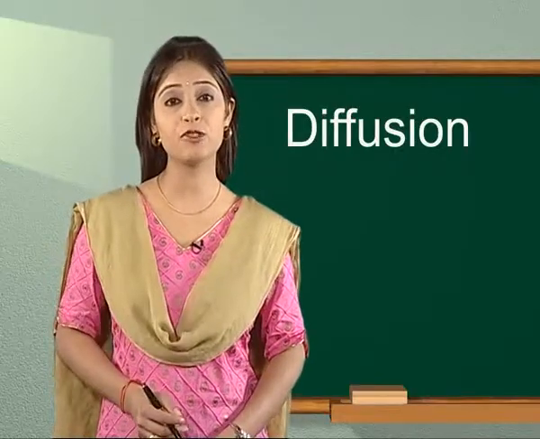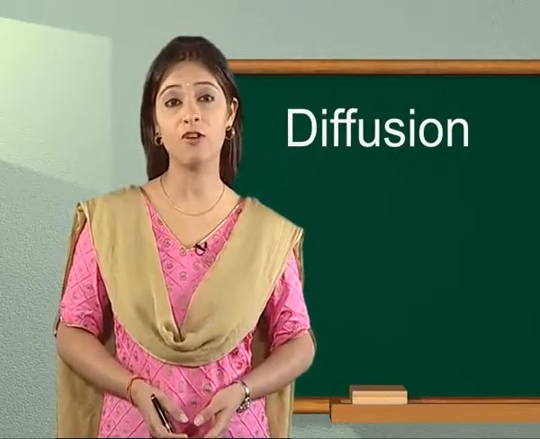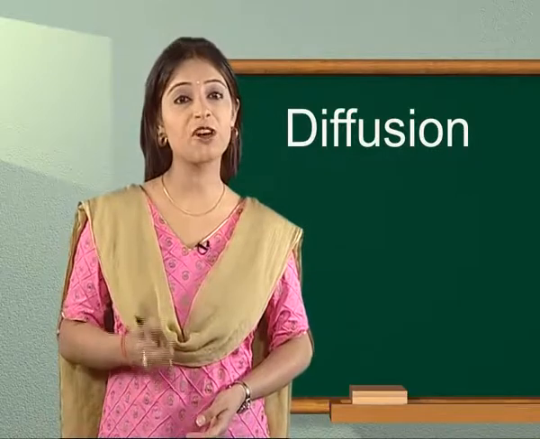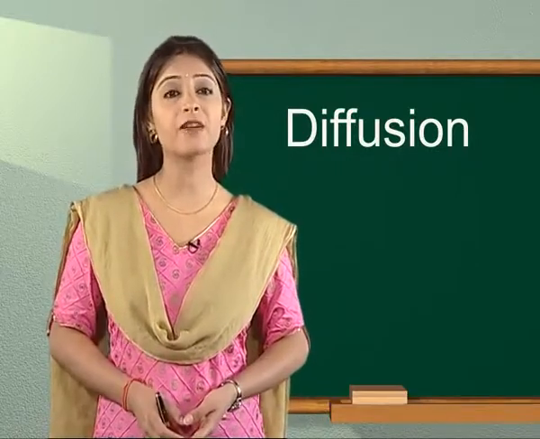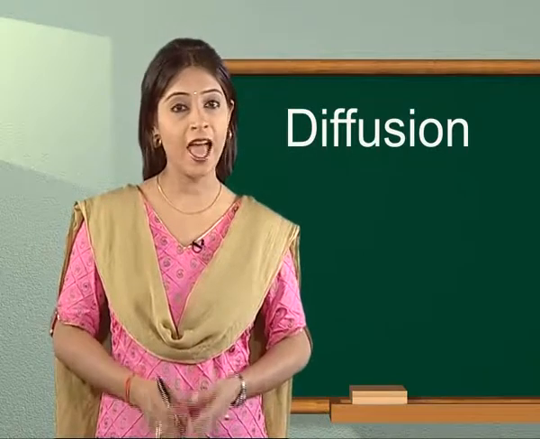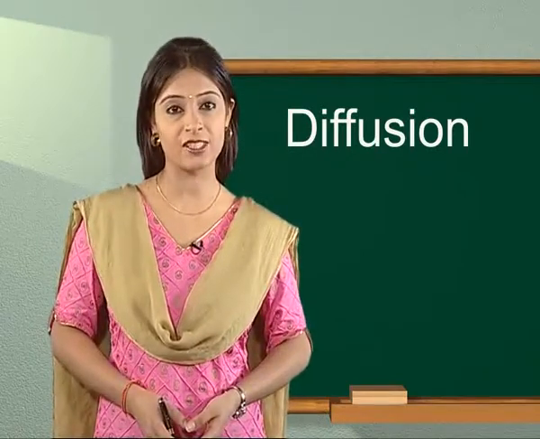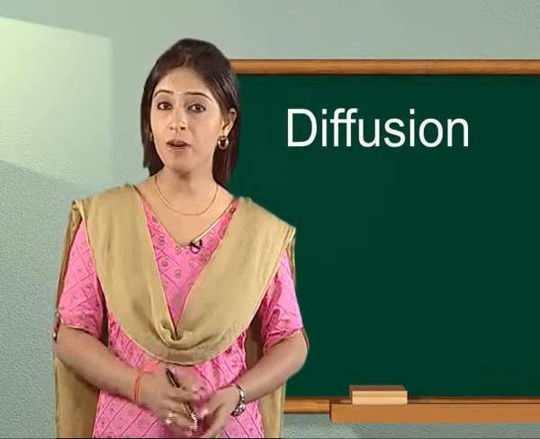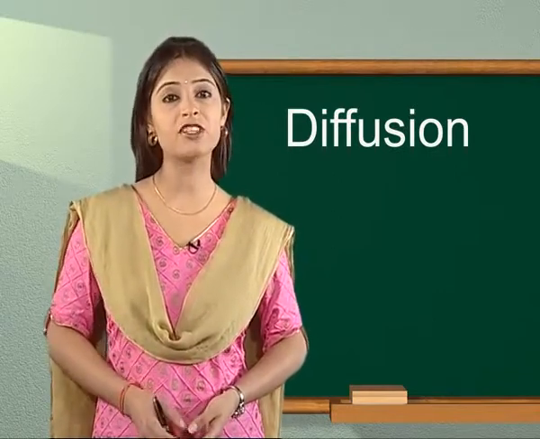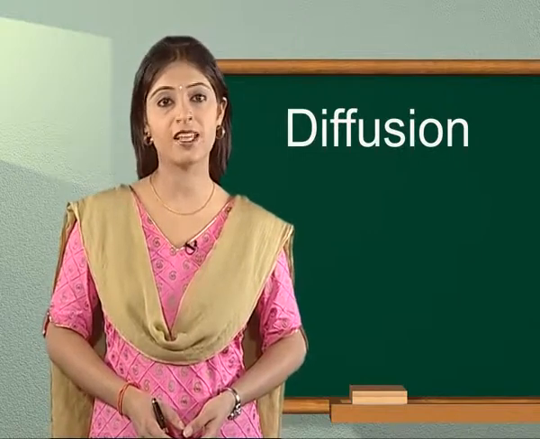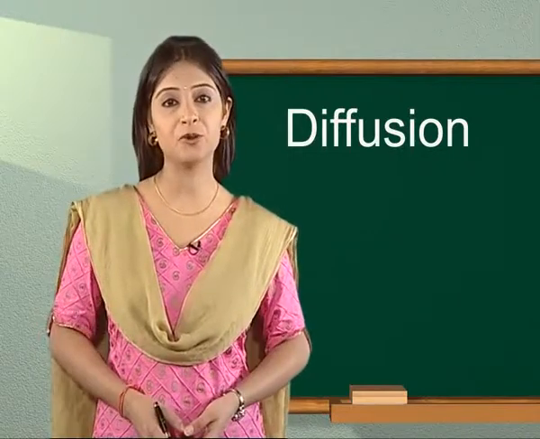We witness diffusion when we open a bottle of perfume. Molecules of the scent escape from the container where they are present in very high concentration and spread in all directions. That is, from a region of high concentration in the container towards the region of low concentration, that is, the air in the room.